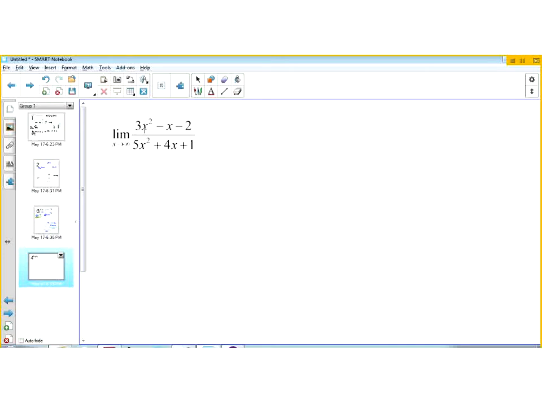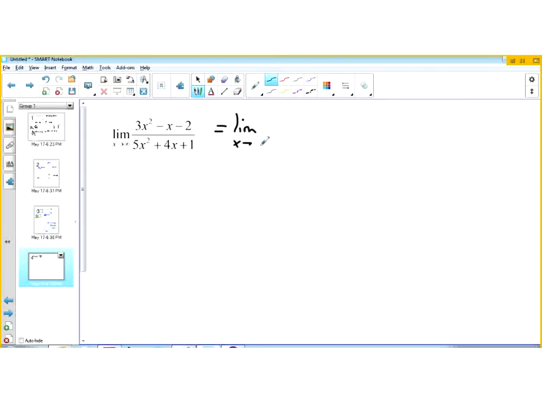And then the orders of the numerator and denominator are the same, so all you have to do is take the ratio of the leading coefficients. Another technique that's often useful is we can divide upstairs and downstairs of this function by x squared to validate the claim that 3/5 is the limiting value.